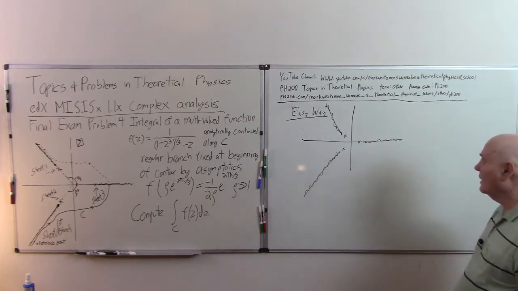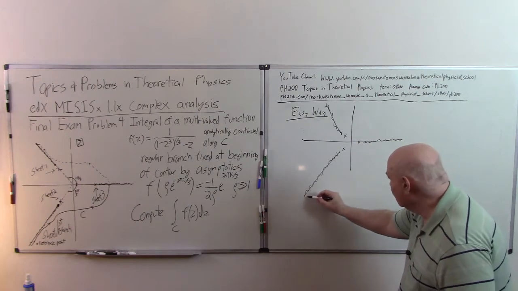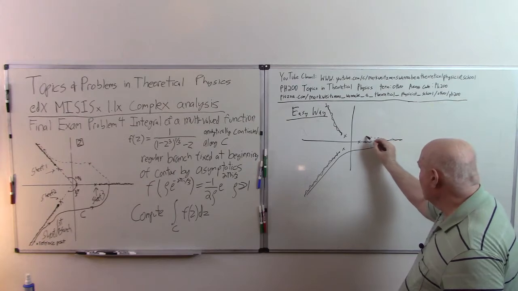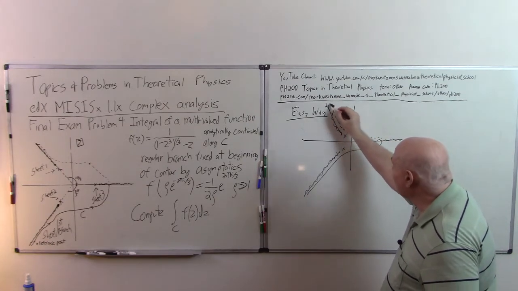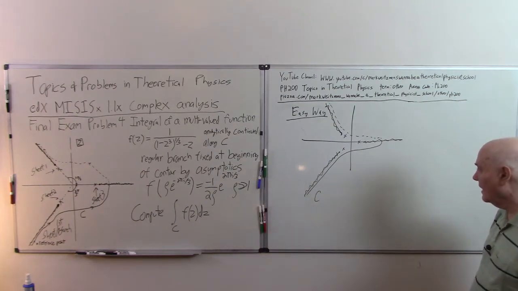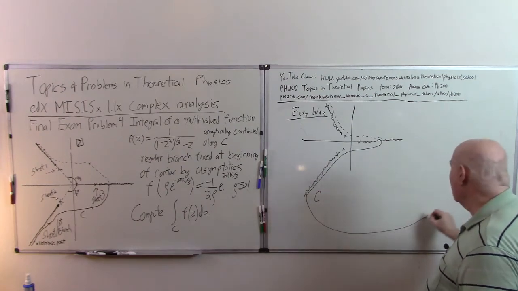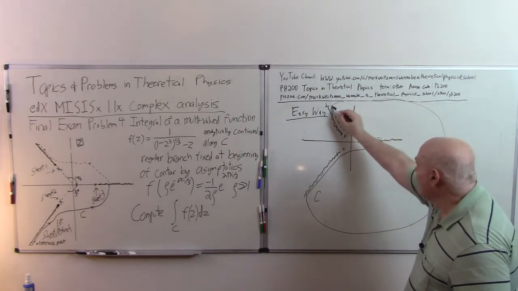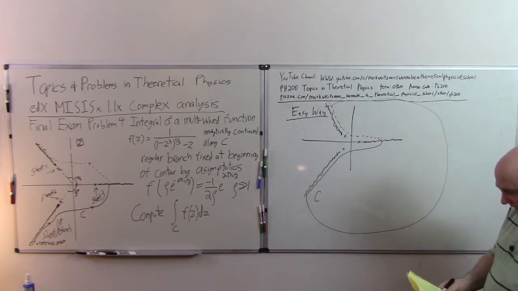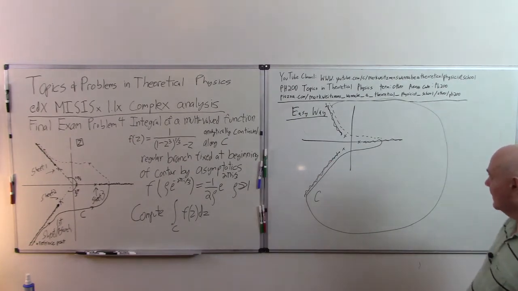So the easy way to solve this is to close the contour. Our integral is this. So this is our integral, C. Well, let's close it in a big circle. I'm not very good at drawing circles. And make use of the asymptotics on that circle.